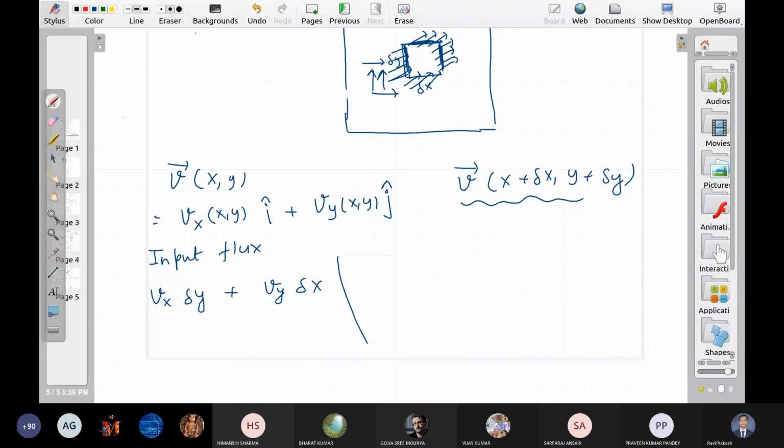So velocity here can be written as, and I hope you are aware of the Taylor expansion, so I can write this vector as v plus del v over del x delta x plus del v over del y delta y, and plus there are other terms.